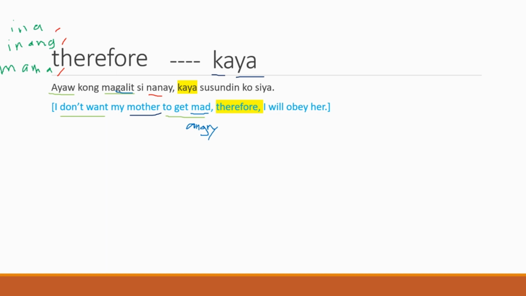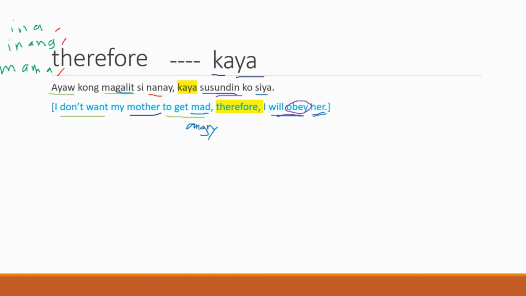So, susundin is will obey. The root word is sundin. Sundin, and that's already obey. When we say susundin, it is will obey. And siya is her.